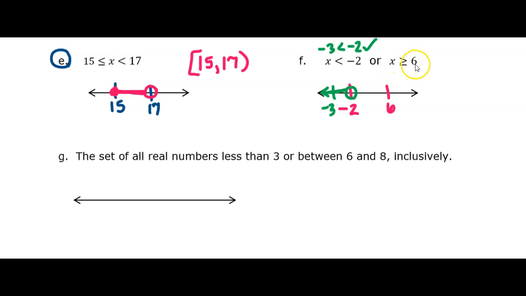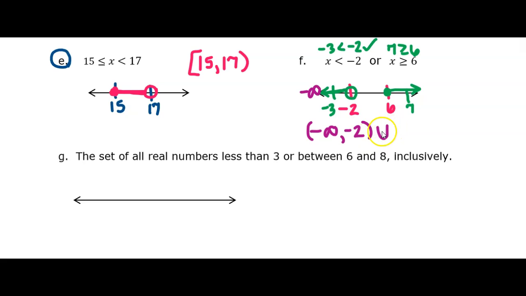And x is greater than or equal to 6. 6 will be included since 6 is equal to 6. And numbers greater will go to the right. So 7 would be in this interval. 7 is greater than or equal to 6. So when we go to write this in interval notation, we're going -infinity all the way to -2. We don't include -infinity, and we are not including -2.